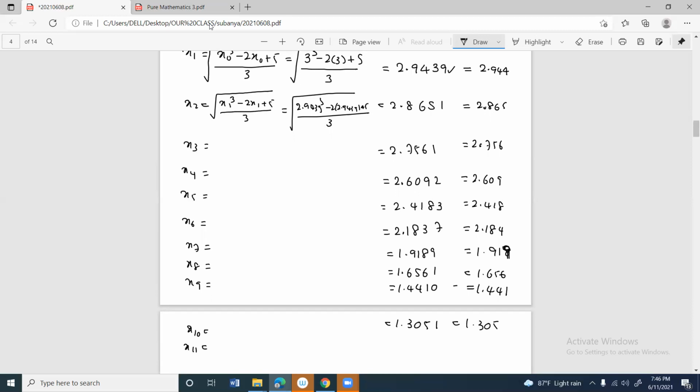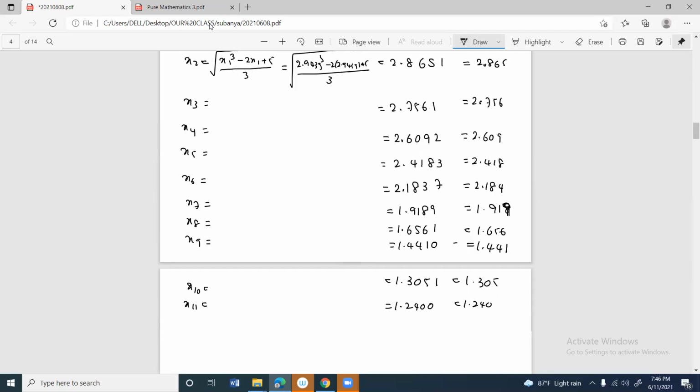x11 is 1.2400, that is 1.240. Still not there. x12 is 1.2147, that is 1.215. x13 is 1.2059, that is 1.206.